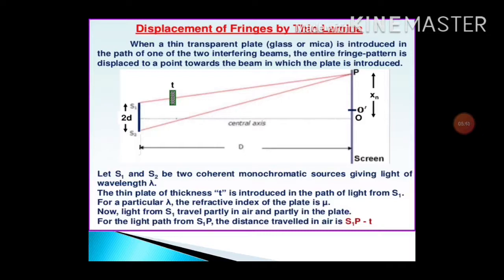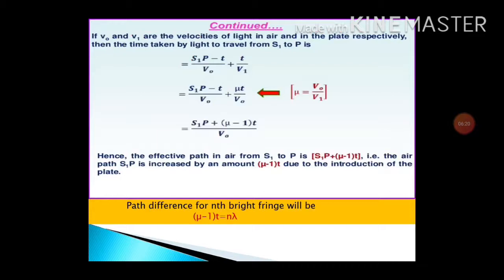For the light path S1P, the distance travelled in air will be S1P minus T, because the total path is S1P, but we have to subtract the thickness T, because for the thickness T the distance is travelled in the material of the plate and not in the air, right? So we have to consider this here.